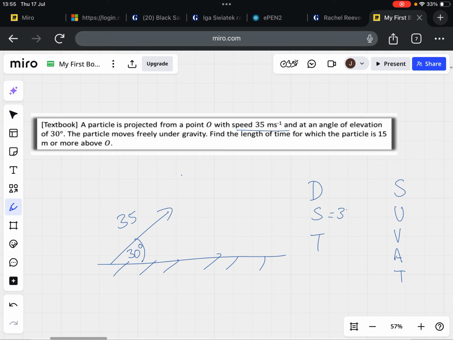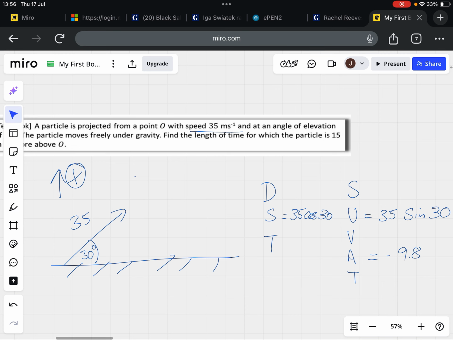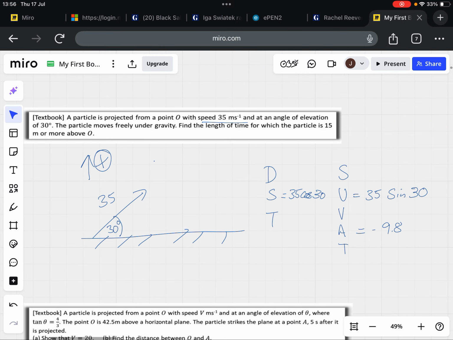This is going to be 35 cos 30. This is going to be 35 sine 30. After a while, it will be like the back of your hand. You'll say, oh, look, it's one of these ones. Yeah, I'll make up. And there we go, minus 9.8. Okay, I think I'll leave the last one for when we come back in the next video.